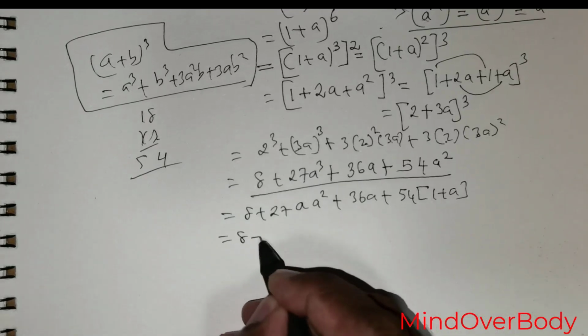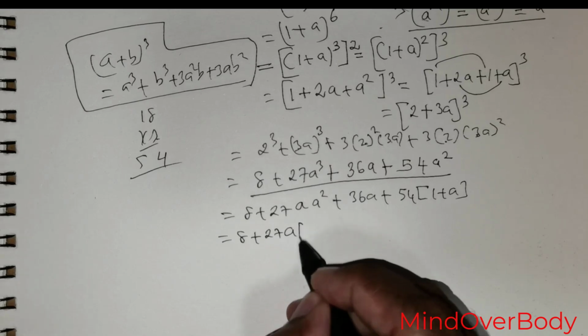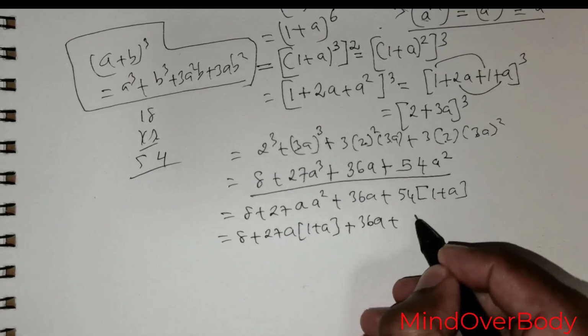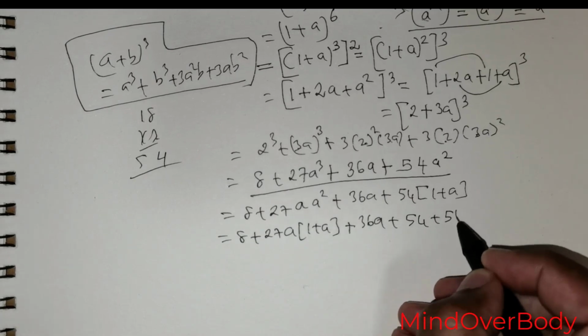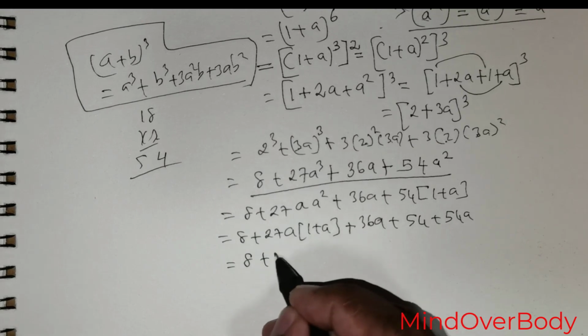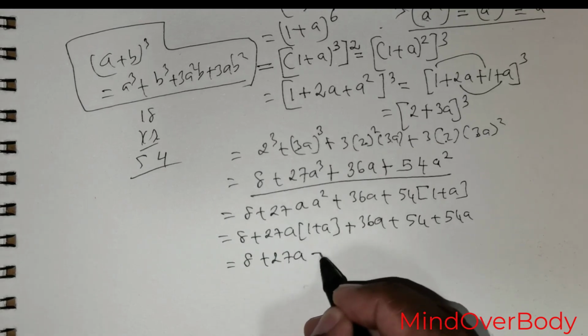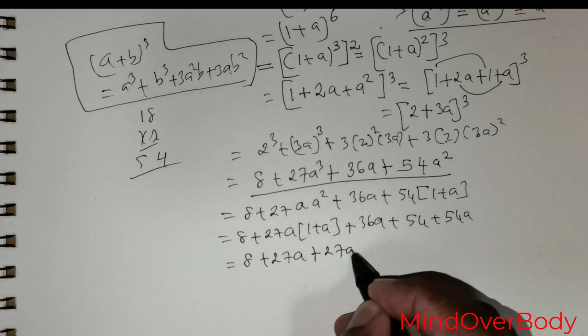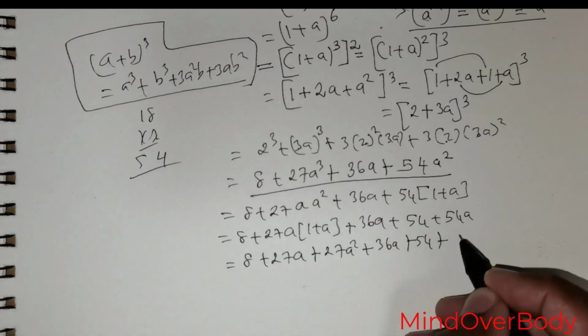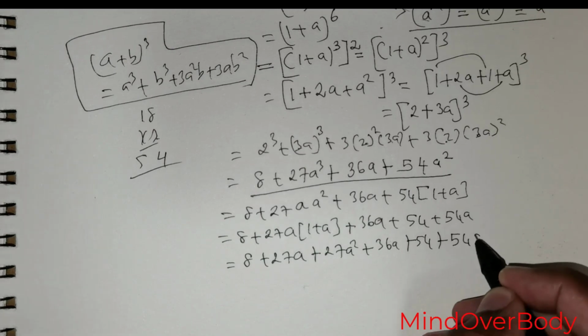Now this is going to be 8 plus 27a, a squared is 1 plus a, plus 36a, plus 54, plus 54a. This is 8 plus 27a times 1 is 27a, this is 27a squared, plus 36a, plus 54, plus 54a.